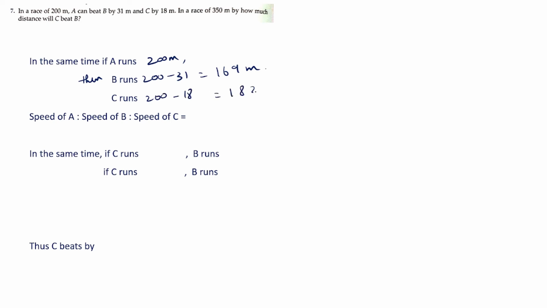It is 182 meters. So the speed of A is to speed of B is to speed of C is given by 200 is to 169 is to 182. So from this, speed of B is to speed of C is 169 is to 182. So in the same time, if C runs 182 meters, then B runs 169 meters.